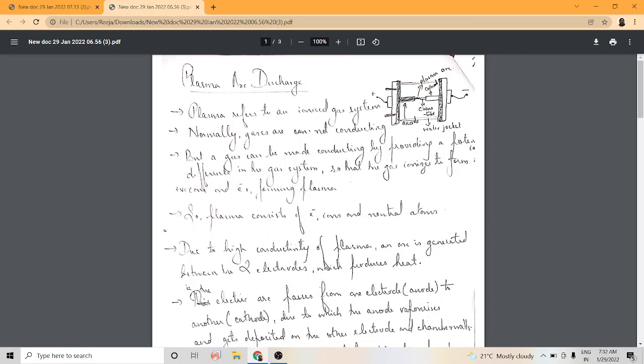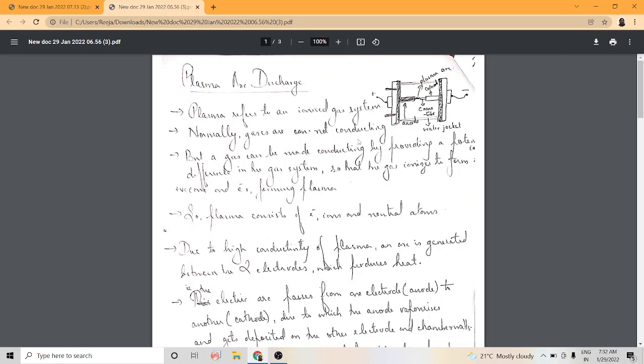So plasma consists of electrons, ions and neutral atoms. And this plasma is highly conducting. This is how a gas can be made conducting. So I hope it is clear to all of you. Gases are normally non-conducting, but when a high potential difference is applied to a gas system, it ionizes to form positive ions and electrons.